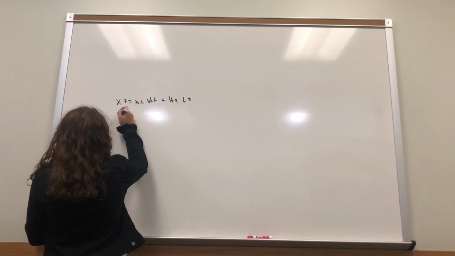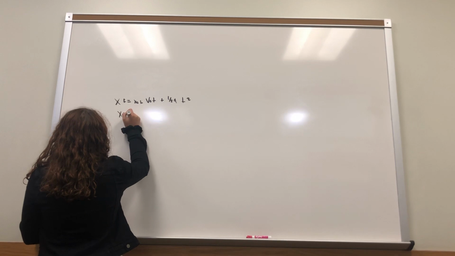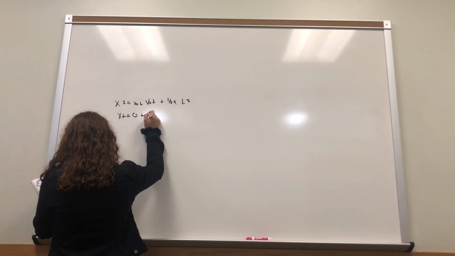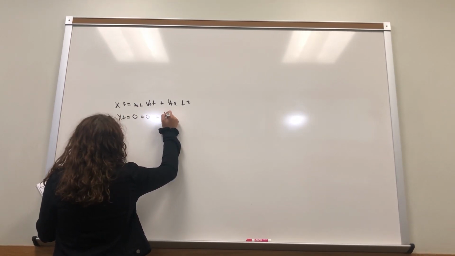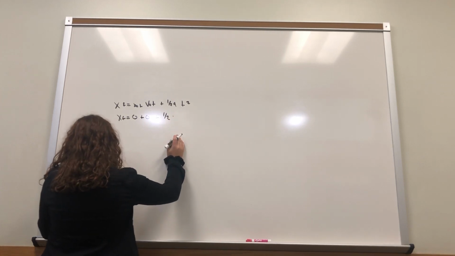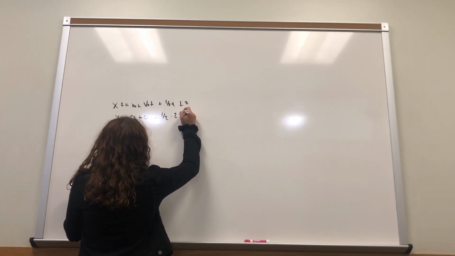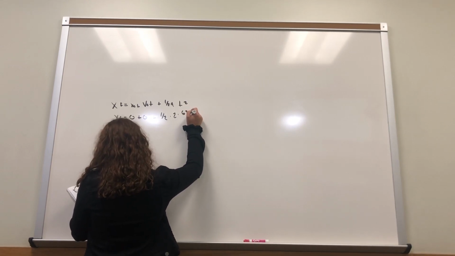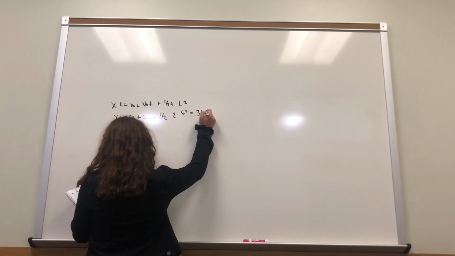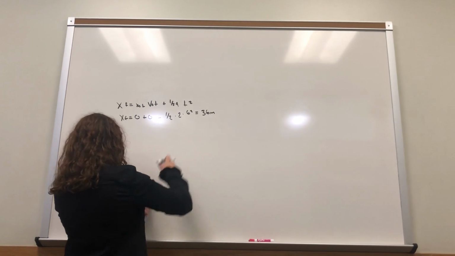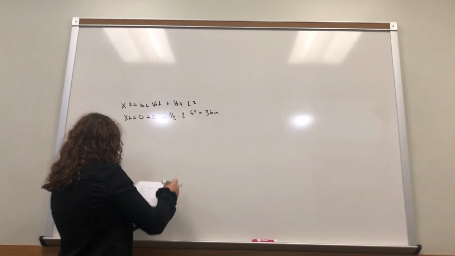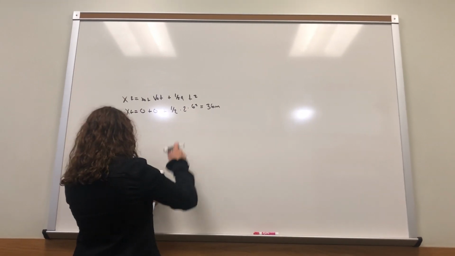And so when we plug those in, our x initial is 0 and our velocity is 0. So 1/2, our acceleration, it told us, was 2. And we're going for 6 seconds, so we square that and we get 36 meters for that time. That's how far it goes during the first 6 seconds.